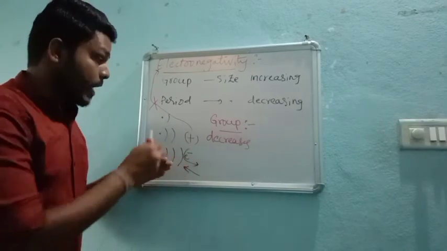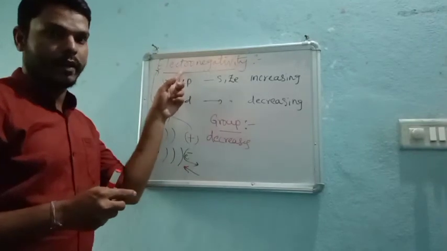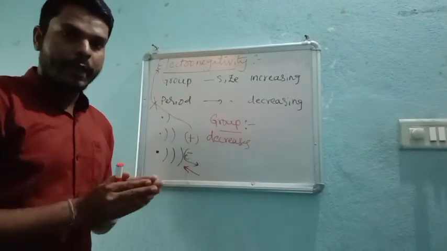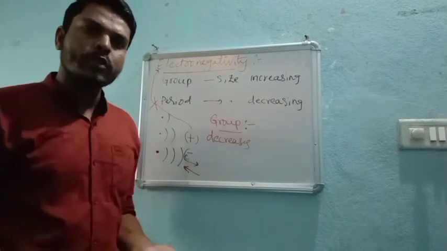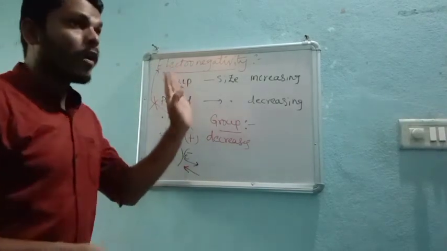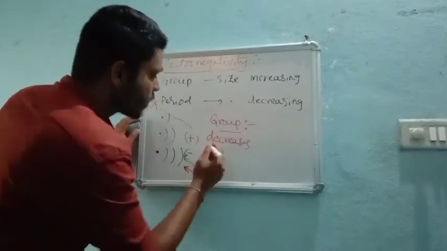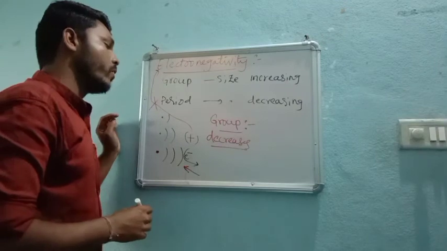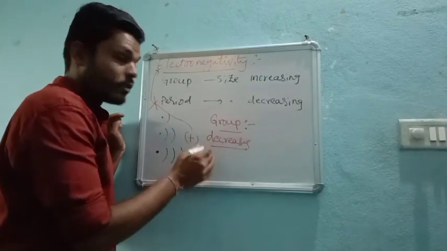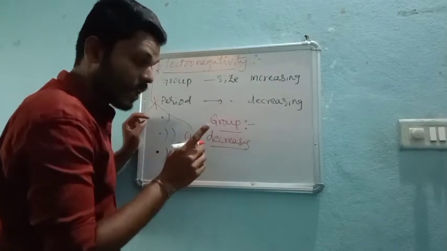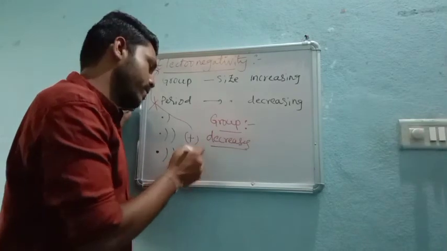That means the atom is moving towards the metallic character, not the electronegativity character. After losing the electron, the atom is automatically getting positive charge. So it will not be called a negative atom. First point. So that's why in the group, electronegativity always decreases, because again the same reason, the increase in atomic size, right?